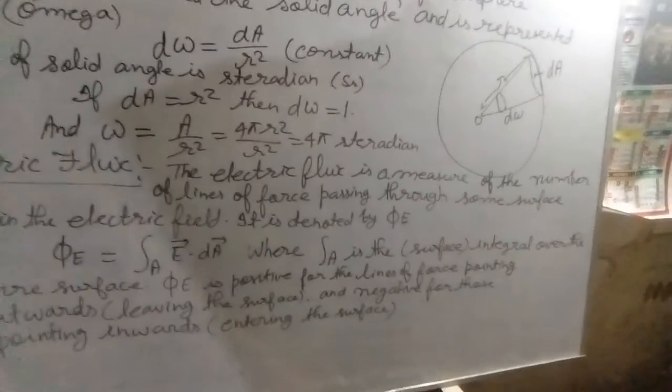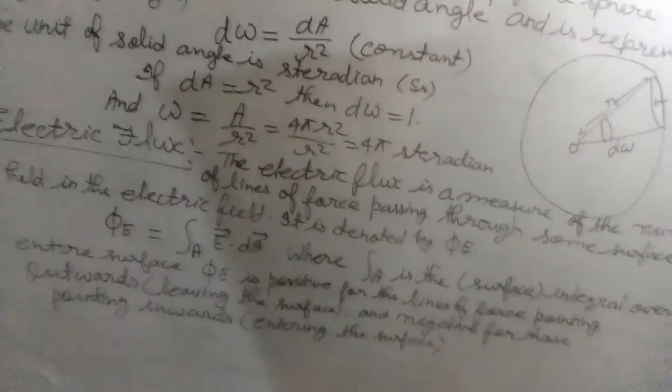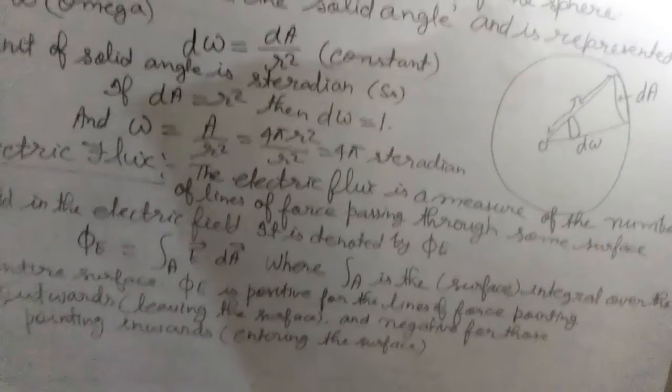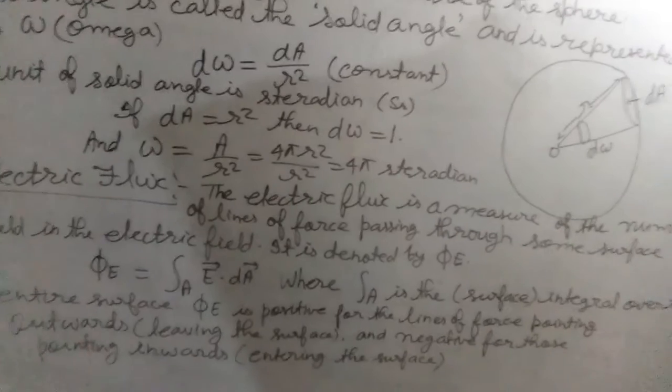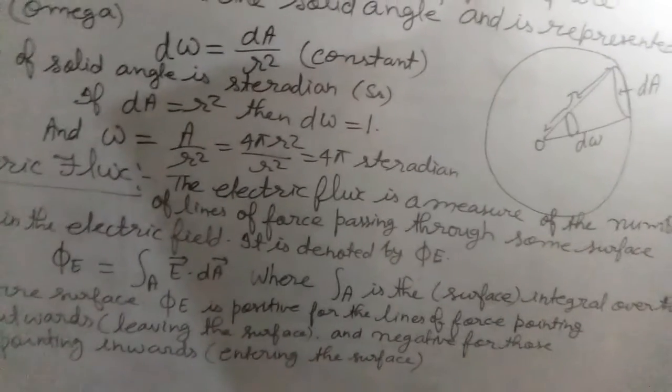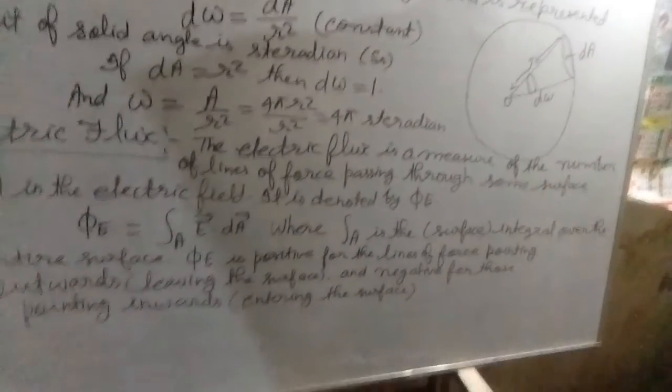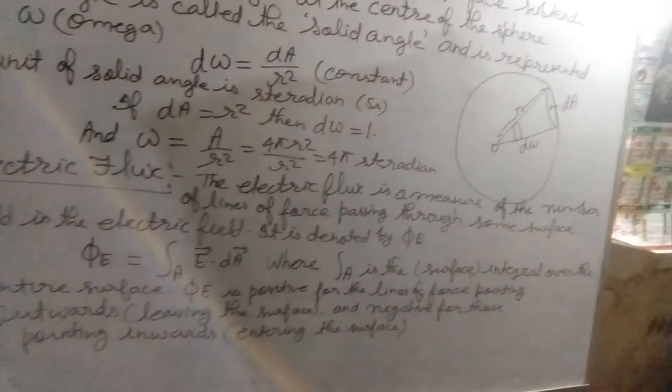Then the pins will represent the lines of force which are entering the surface of that paper, and the number of lines of force passing through that paper we will call electric flux.